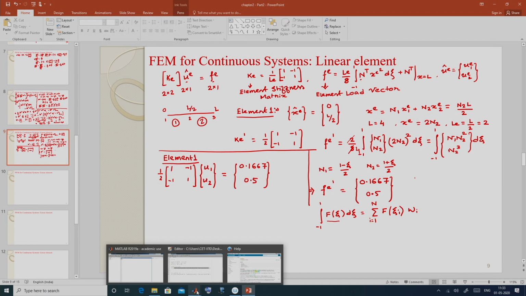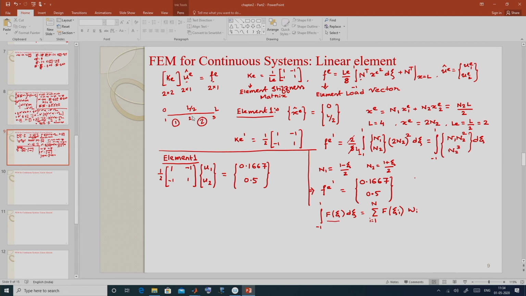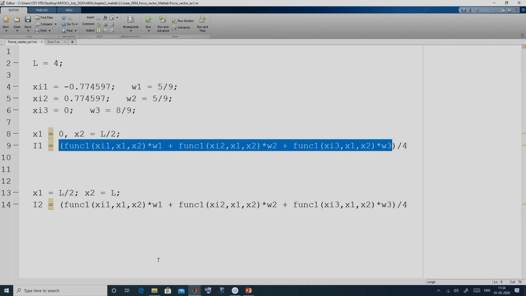Now, for element 2, the only thing changing is the left and right point, that is our x1 is now L by 2 and x2 is capital L. So, this is x1 and x2, and this I2 is the first part of the load vector for element 2, again using Gaussian quadrature.